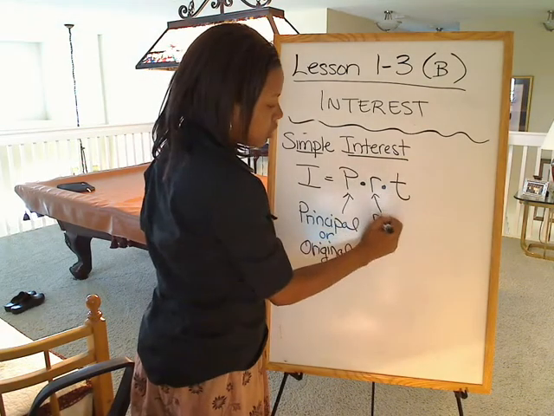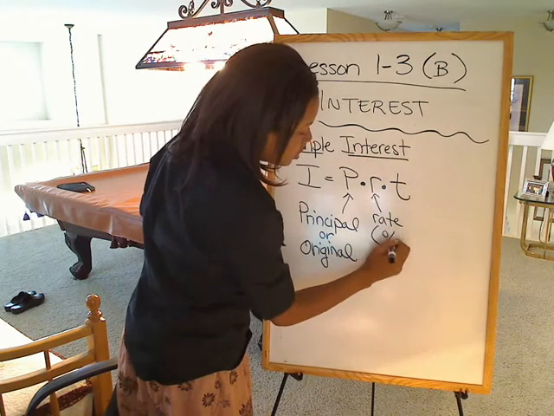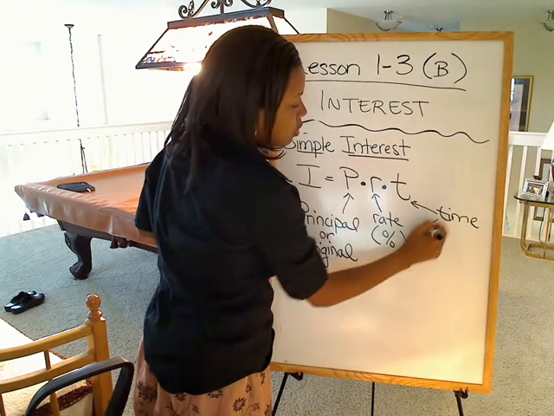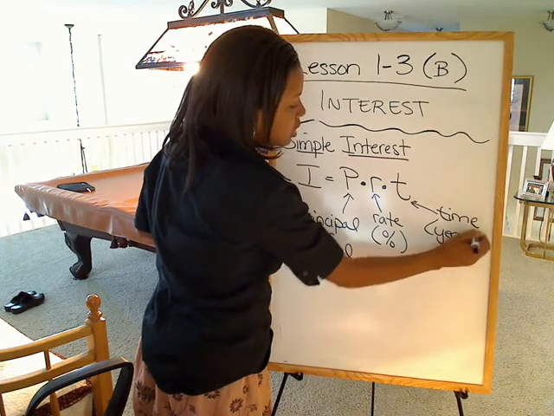R would be the rate, and it's usually a percent. T would be the time, and we calculate the time in years.